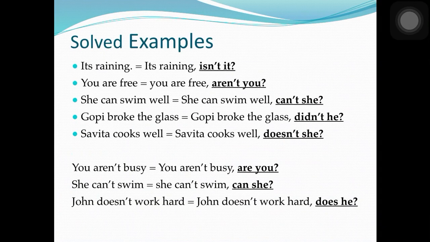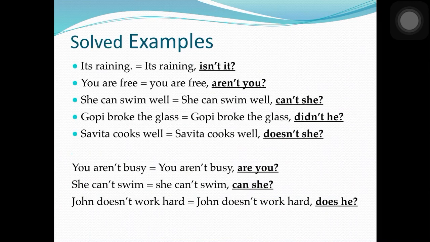Now here are the examples. What I was referring to in the first slide, point number 2, is that you should find the helping verb or the auxiliary verb that is in the sentence. It is raining, isn't it? You are free. The word are here is changed into the tag, where a negative tag is added to it.